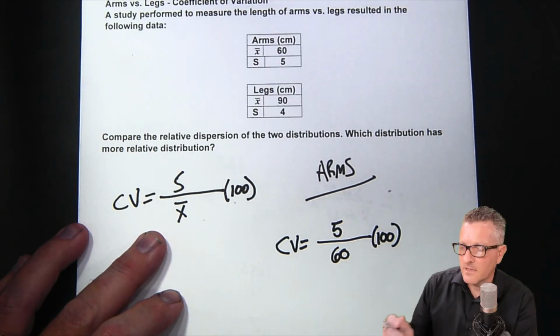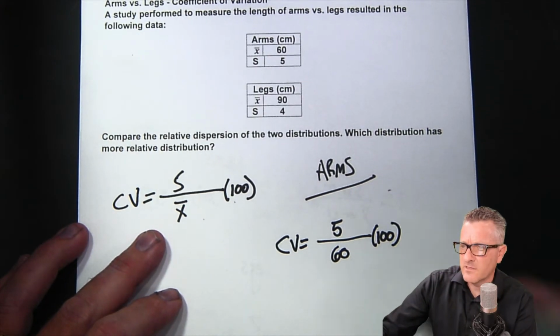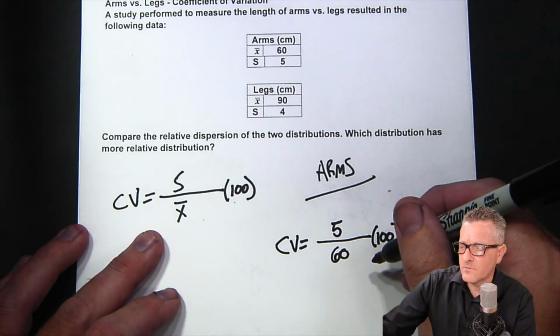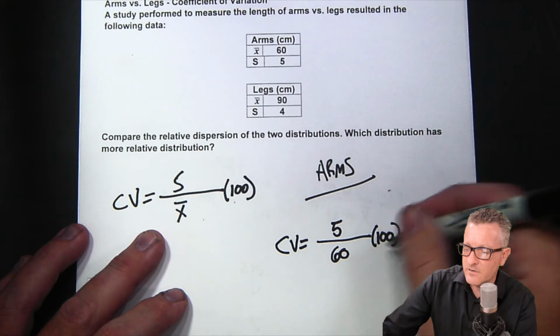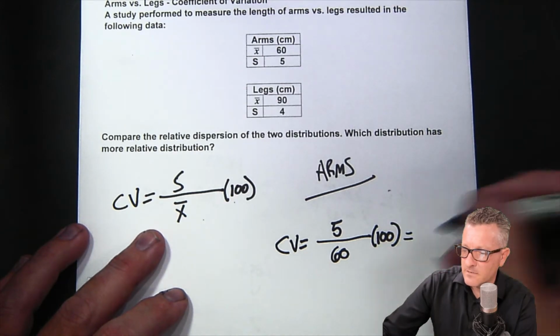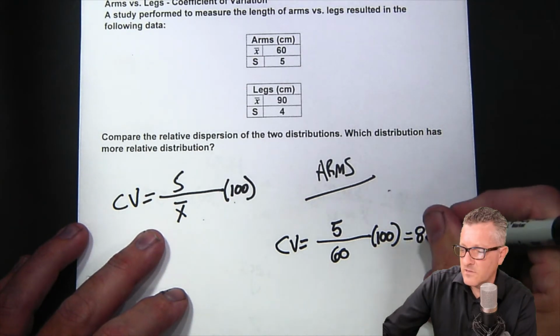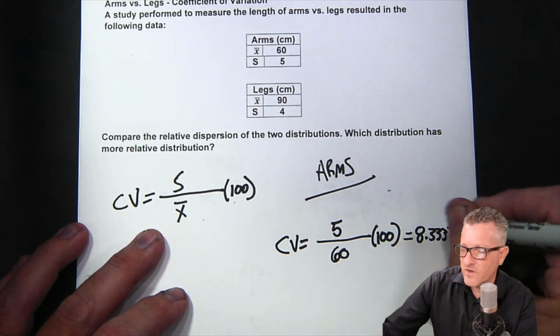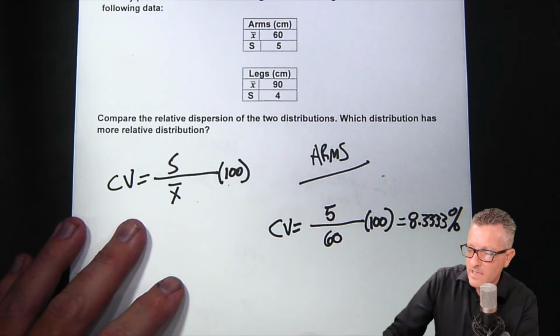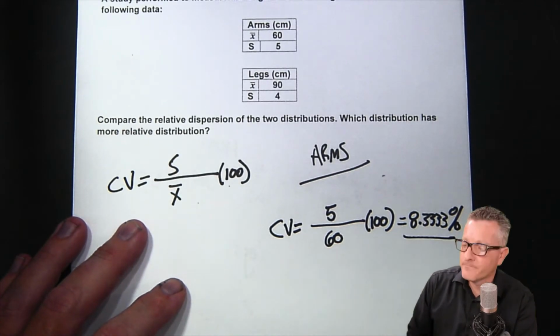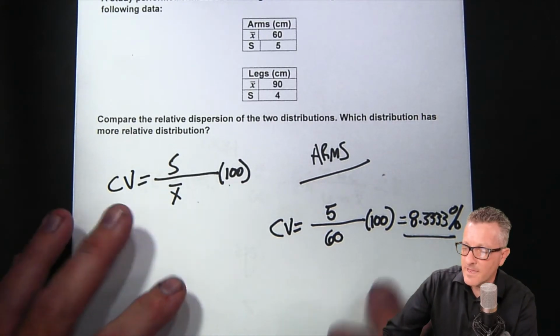It ends up being 0.08333, and once we multiply by 100, you end up with about 8.3333 repeating percent, so about 8.33%. That's arms, and then legs.